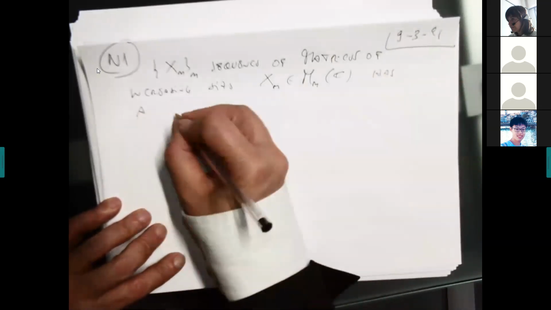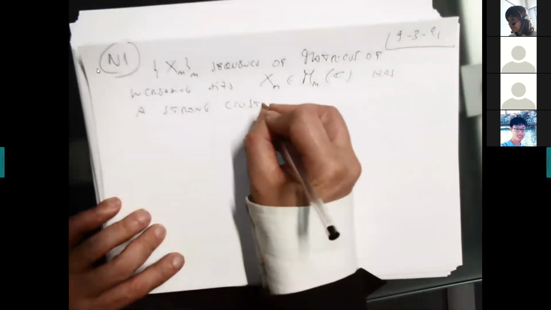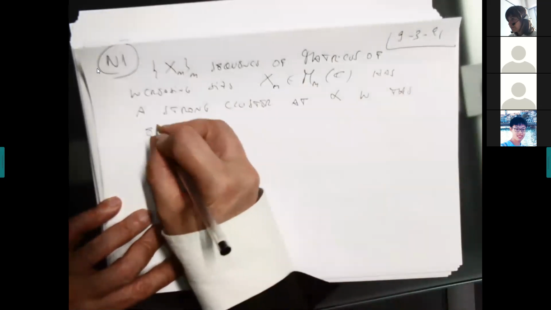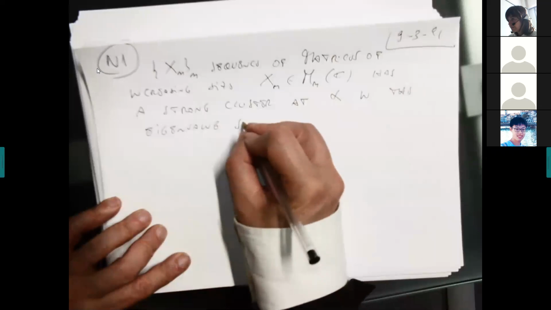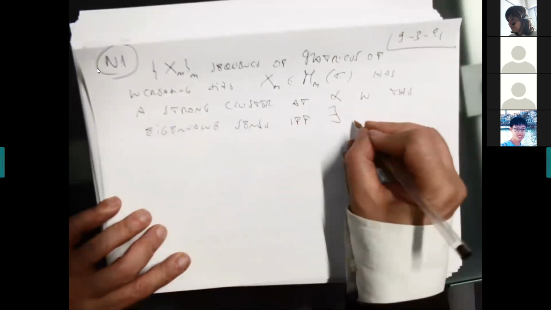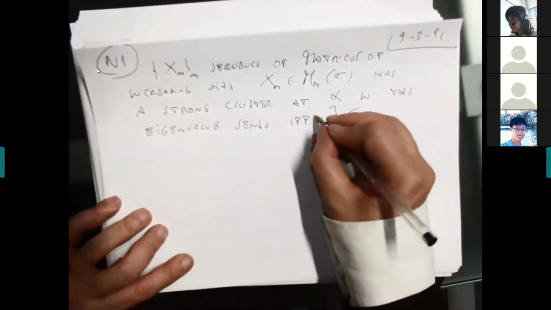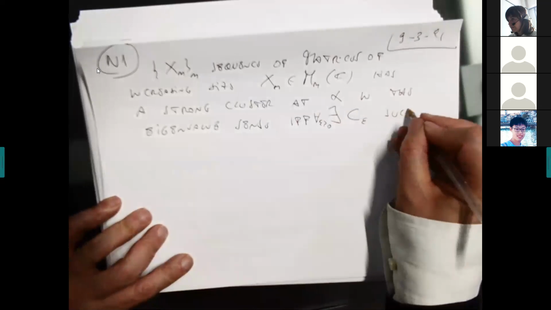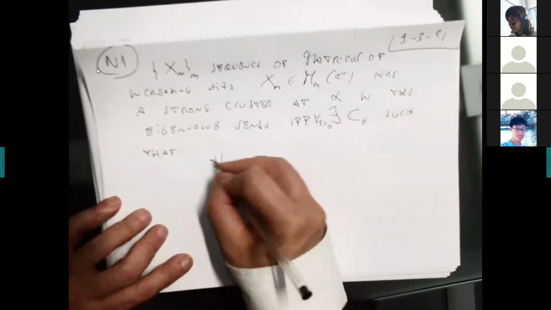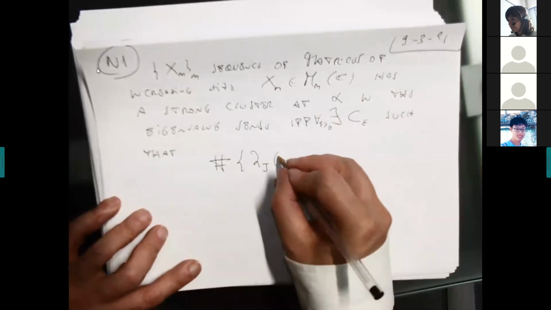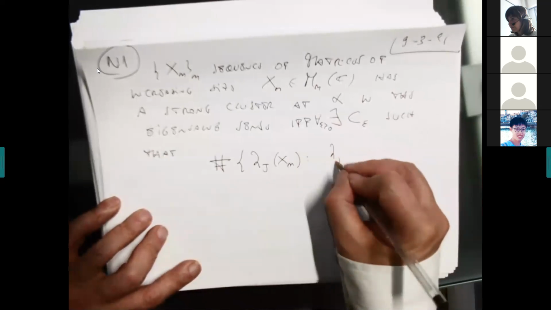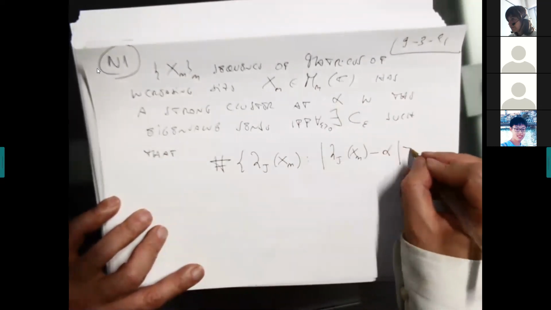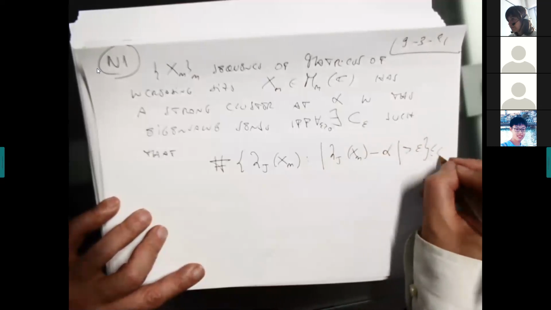Xn is a strong cluster at alpha in the eigenvalue sense if and only if, for any epsilon larger than 0, there exists a constant C epsilon, depending on epsilon, such that the cardinality of the eigenvalues of Xn such that the absolute value of lambda j of Xn minus alpha, the cluster point, is larger than epsilon, is bounded by C epsilon.